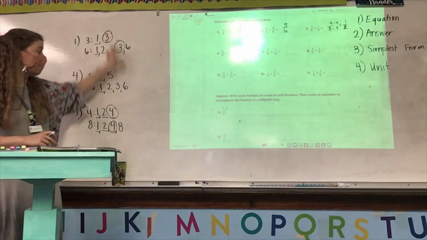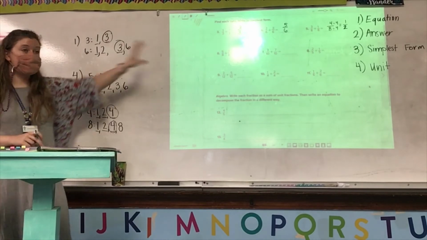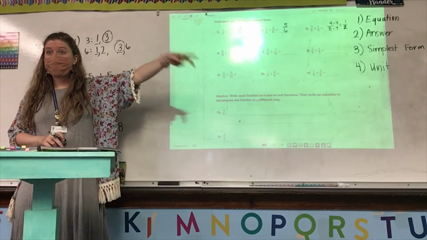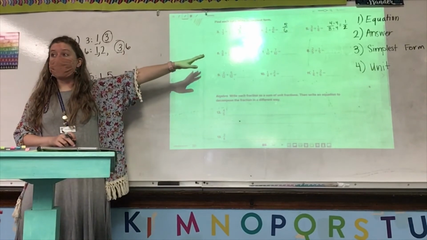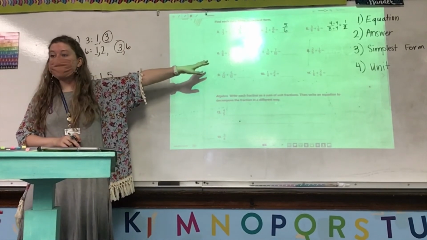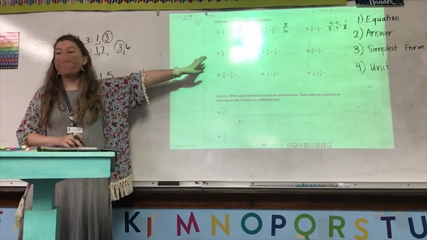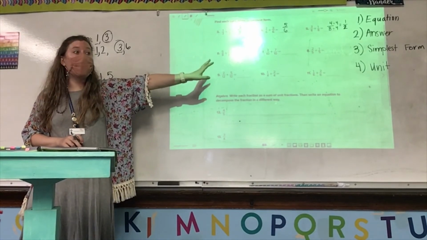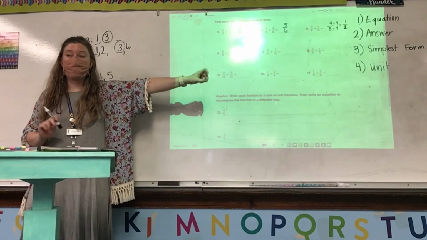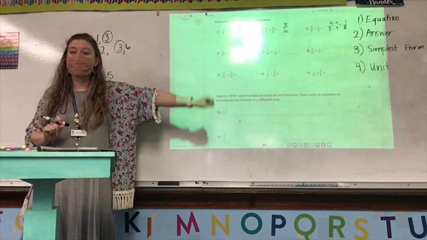If you don't show this to get simplest form, you lose 2 points. If you leave an answer that is not in simplest form, you lose 2 whole points. Do not lose 2 whole points just because you're going way too fast and you're not really thinking.